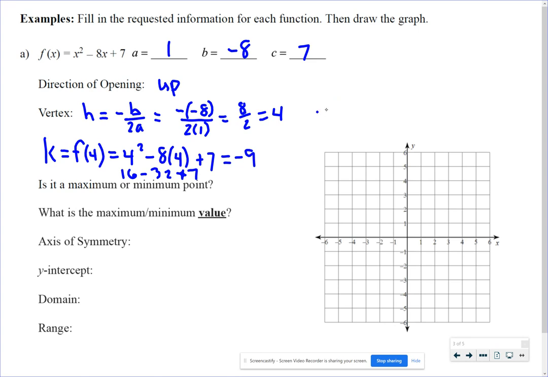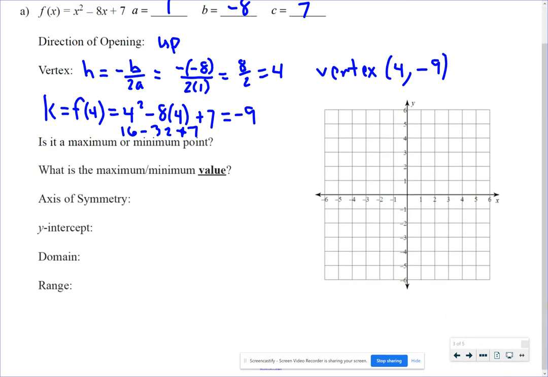Where's our vertex? We've got the x value. It's the h. We've got the y value. It's the k. And we have spilled off of our grid. I'm going to put that on here, but it's going to spill off. Look, 7. So we went as low as 6, 7, 8, 9. We got to go a little bit lower.